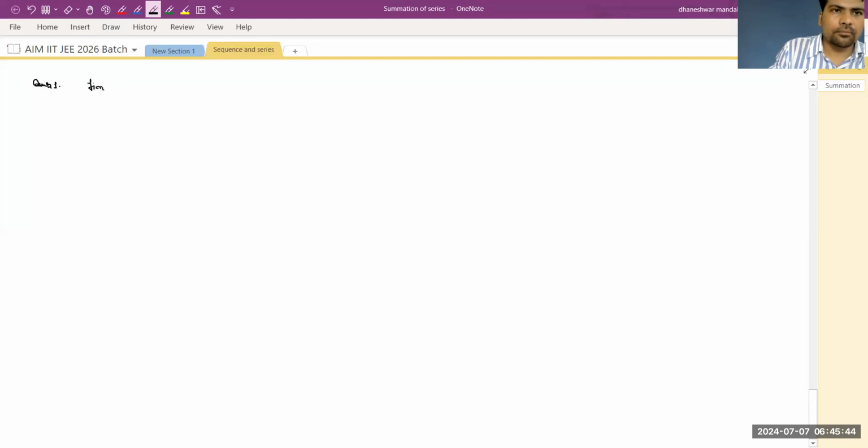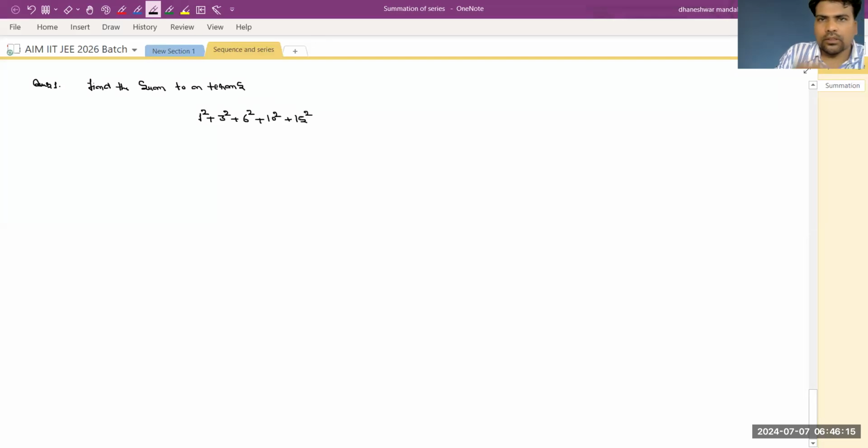Find the sum of 2n terms. And the n terms are 1 square, 3 square, 6 square, and similarly 10 square and 15 square.